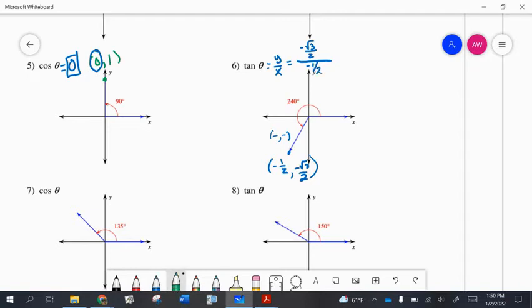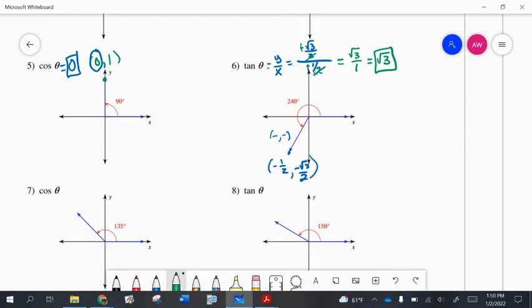Remember, when our denominators are the same, they cancel. A negative over negative will also cancel, so it leaves me √3/1. If my denominator is 1, I don't have to write it, so that simplifies down to √3. Some people like to memorize their tangents because they simplify to the same numbers every time.